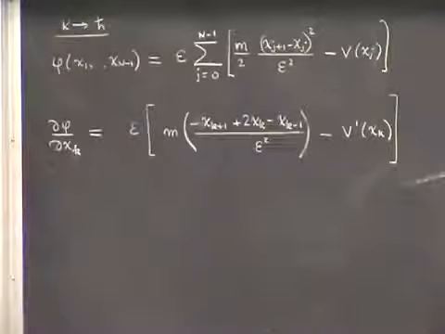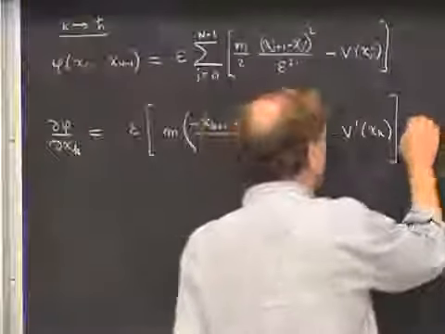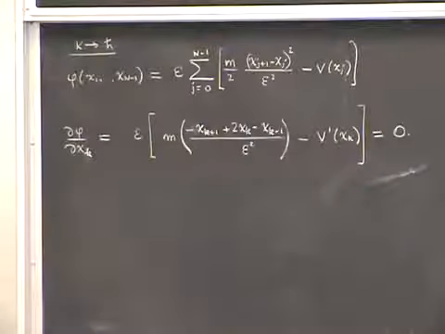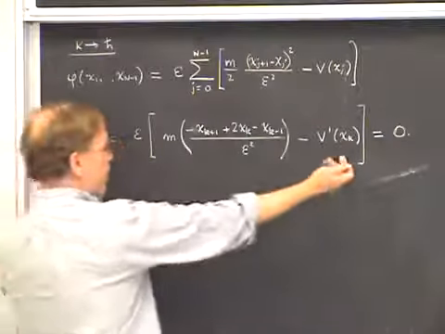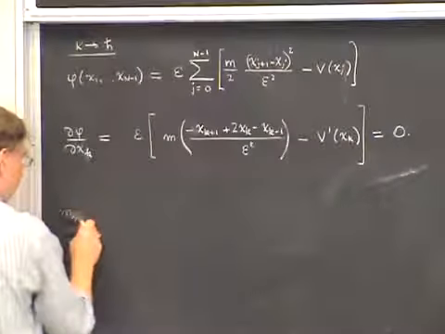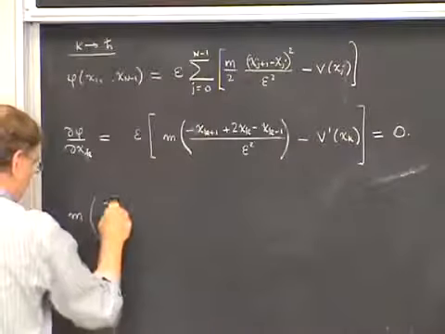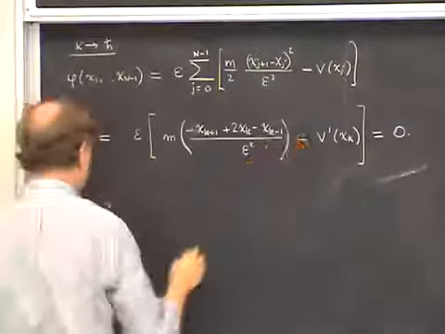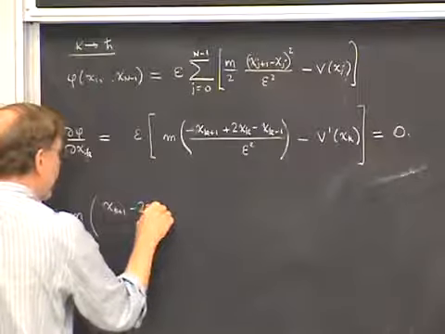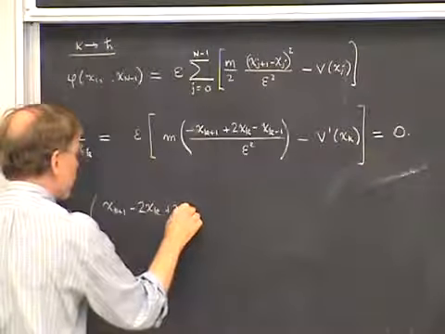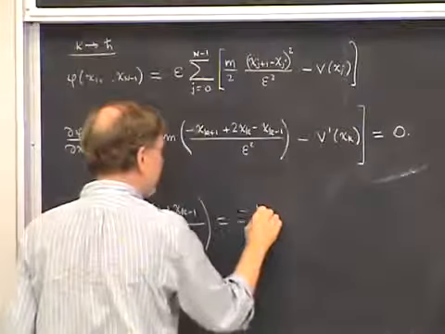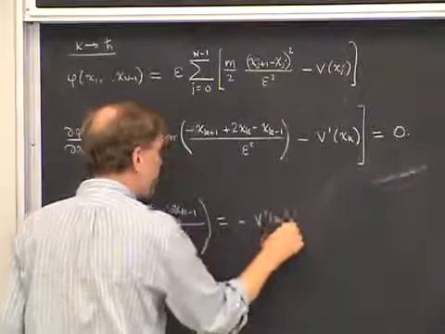And to find the critical or stationary phase point, we have to set this equal to 0. Setting this equal to 0 just means the thing in the square bracket is equal to 0. Let me rewrite this in a slightly different form. The mass m times xk plus 1 minus twice xk plus xk minus 1, divided by epsilon squared, is equal to minus v prime of xk.